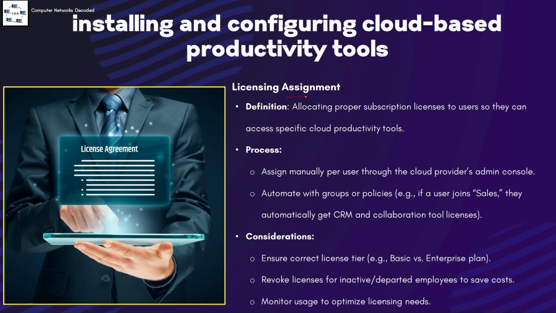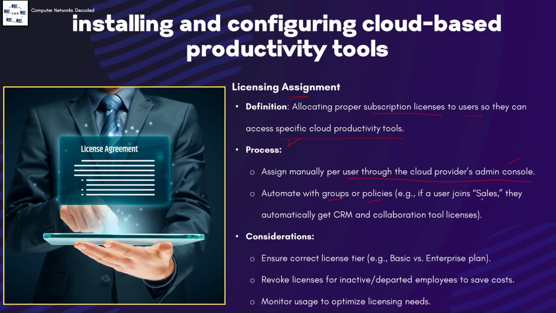Licensing assignments. Licensing assignments are used for allocating proper subscription licenses to users so they can access specific cloud productivity tools. The process includes assigning manually per user through the cloud provider's admin console, or it can be automated with groups or policies.